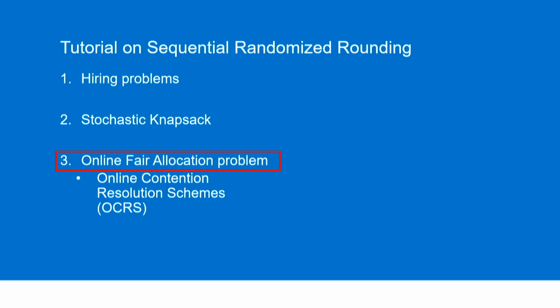OK. So I'll first try to illustrate this through an online fair allocation problem, because as you can imagine, this type of frugalness, where I'm trying to give everyone the same probability of acceptance relative to some LP value, can have a fairness notion.